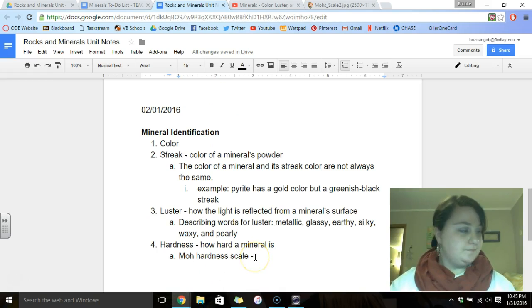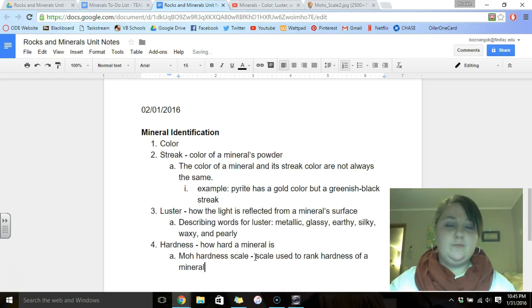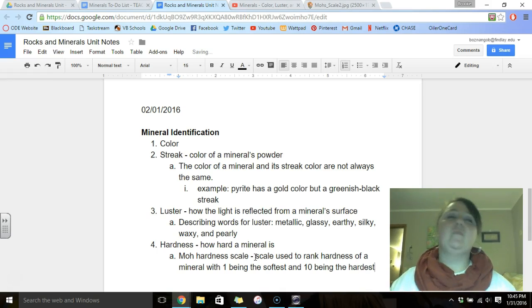So, scale used to rank hardness of a mineral, with 1 being the softest and 10 being the hardest. I just like to put that little extra information, that way I know for future reference.